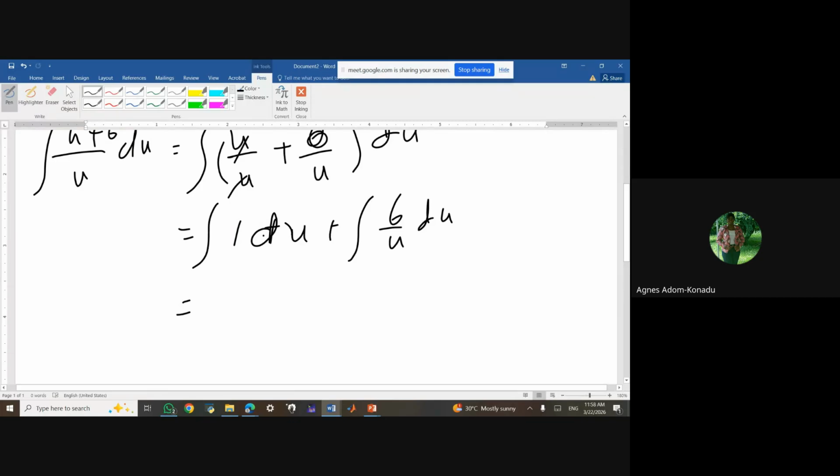And we know that anytime we integrate 1, we're going to get u plus c. And I can bring the 6 out, then I'll be left with integral of 1 over u du. And from the theory, we know that integral of 1 over u is ln u, all plus c.